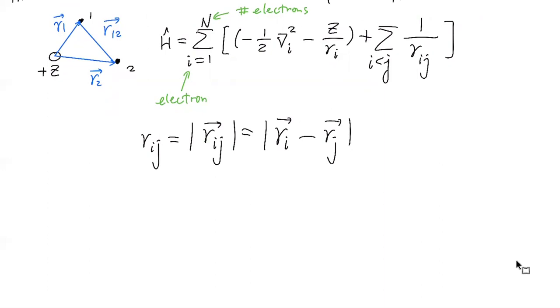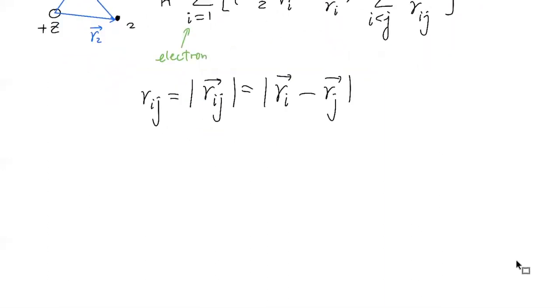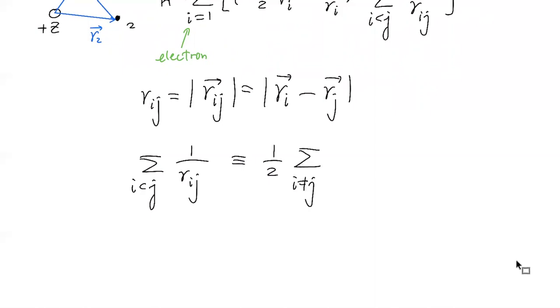Sometimes people write this summation over i smaller than j of 1 over Rij in another form. This is equivalent to 1 over 2 times the summation over i not equal to j of 1 over Rij. This is equivalent, right? You just eliminate half of the terms in the summation.